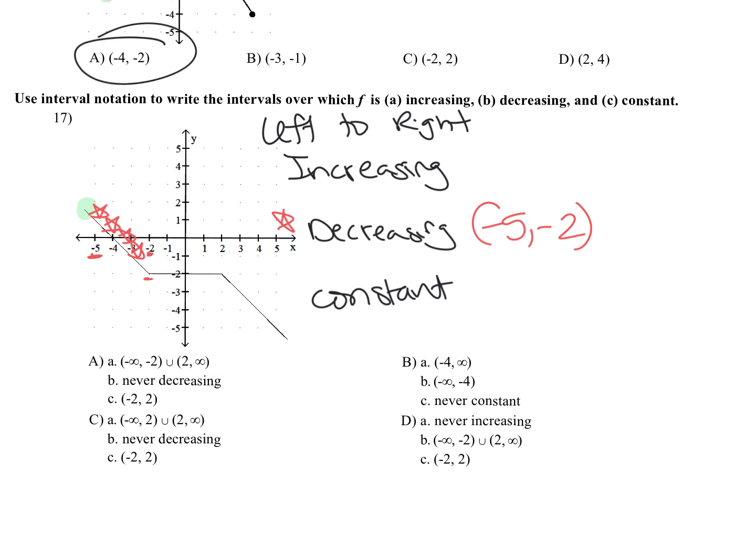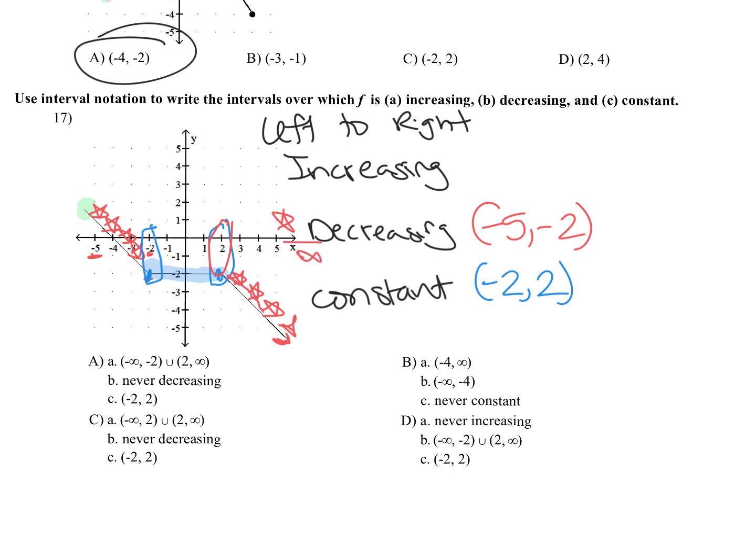Okay, then I get here and I become constant, right? I'm not going up or down. How would I describe that? Well, that would be from here to here, which is -2 to +2. So constant would be -2 to +2. And then I get here and I'm going down again. So that would be from 2 to, and you can assume there's an arrow because it goes off the window, all the way to infinity.